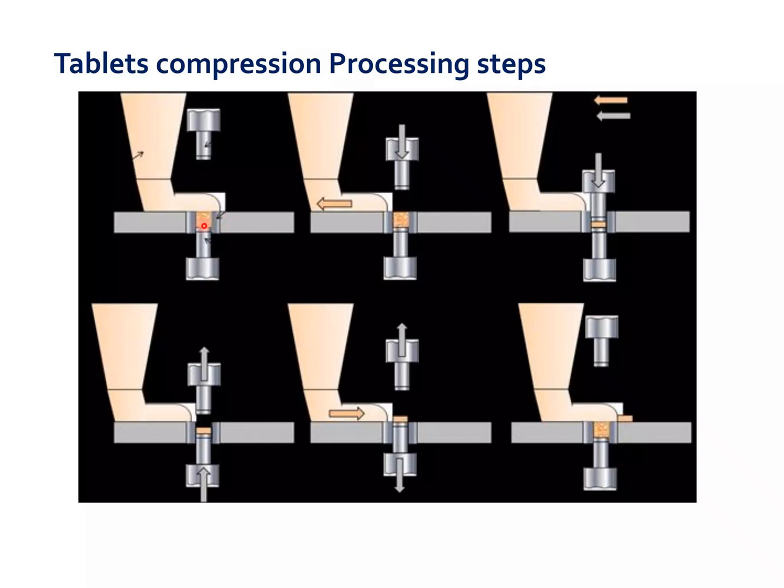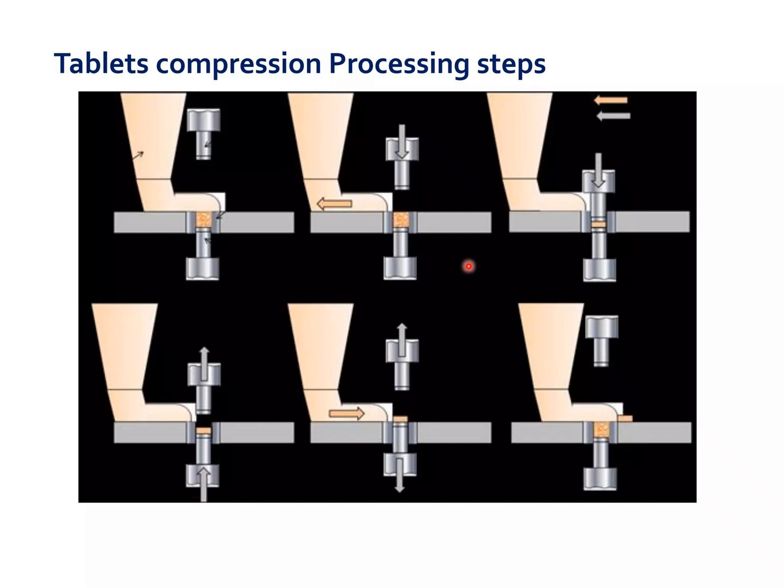Whenever the die filling occurs, the upper punch then comes down, and the hopper is kept aside. After that, final compression begins and the granules are compacted and consolidated into a tablet. After the consolidation, we can see the tablet has formed and the upper punch is going upward. Also, the lower punch is going upward.